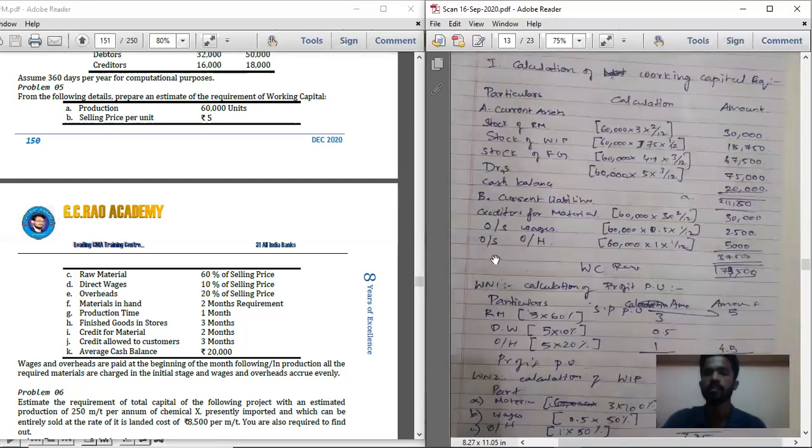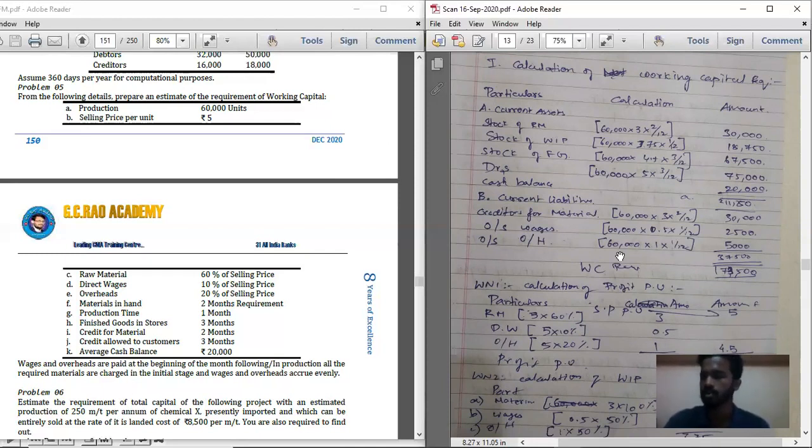So in calculation column, put 60,000 into 1 into, for overheads also it is 1 month, so 1 divided by 12. Amount column, put 5,000. Now total the current liabilities.